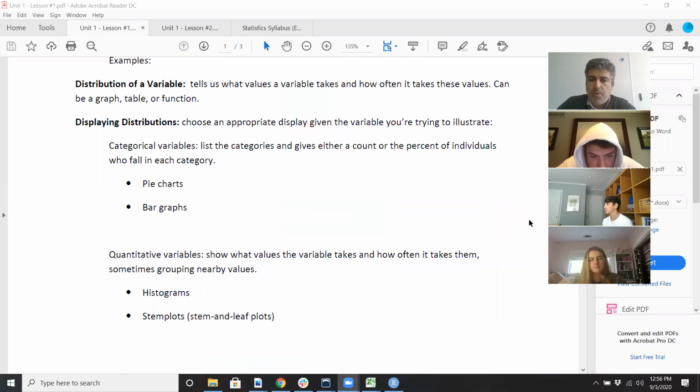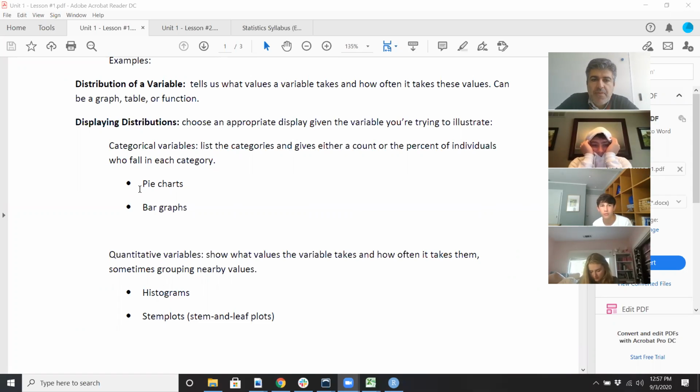So let's talk about display and distribution. Zach, go ahead and read the part about display and distributions and the stuff below. Choose an appropriate display given the variable you're trying to illustrate.